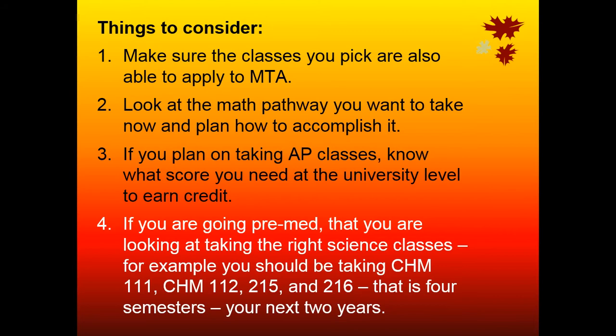Now this does not apply to a whole lot of our students, but if you're going to pursue a degree in high level science, biochemistry, physics, engineering, something like that, you want to talk to us about taking the higher level science classes and to see what prerequisites you need, there's that word, to get into courses like Chem 111, Chem 112, and so on. Okay? So if you spend a lot of your credits taking earth science and meteorology and basic physical science, those might not help you when you get to the university.